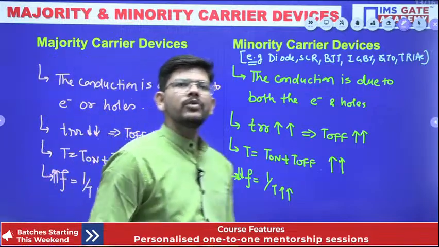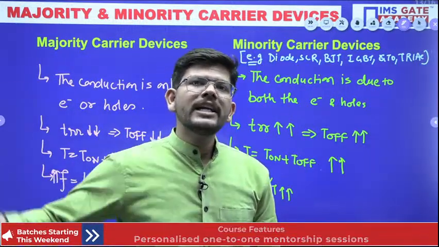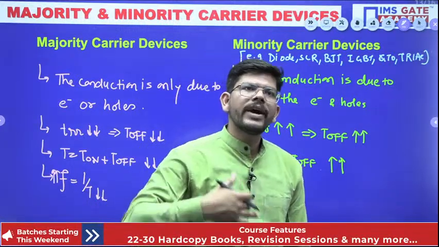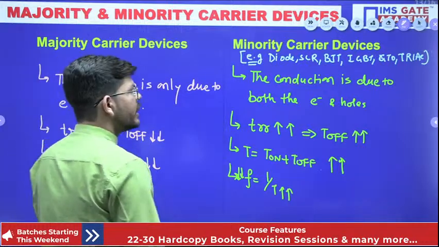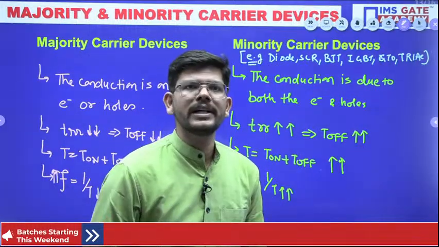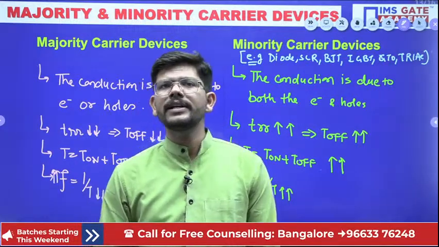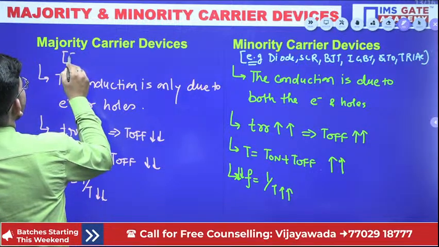So we can use these majority carrier devices in applications that require very high switching frequency, isn't it? If we have this high switching frequency, we can reduce the ripple content, harmonic content, that is the advantage, okay? So what are the examples of majority carrier devices?